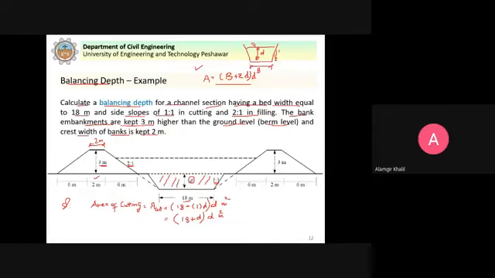Even if you do not use this formula, you might have studied there is another way of calculating the area for a trapezoid. You might have studied this in maybe your survey course or other courses. And what is that? You can see here that the top width will still be 18, from here to here.